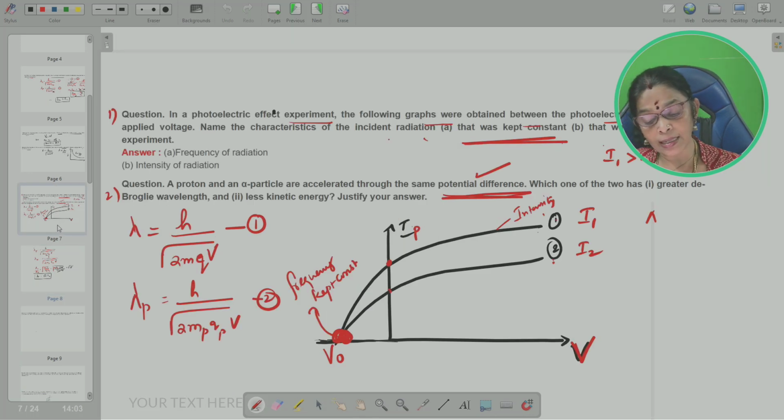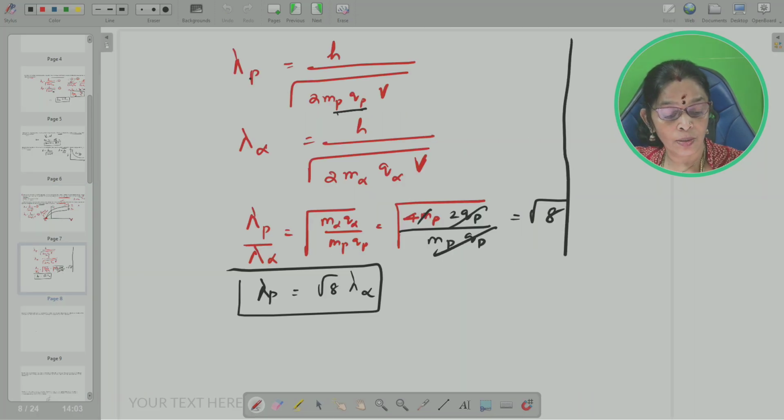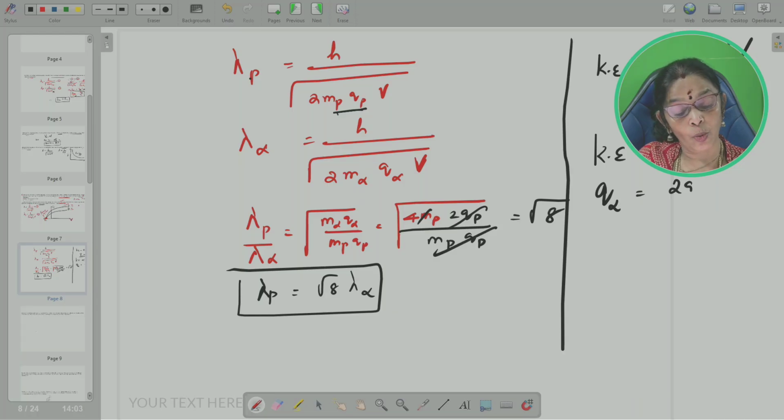Now, one more question lies: which has less kinetic energy. We know that kinetic energy is equal to e into V, that can be written as Q into V. V is the same, as it is given in the question. So, kinetic energy is directly proportional to Q. Therefore, Q of alpha particle is 2 times the Q of proton. Therefore, kinetic energy of alpha particle is greater than kinetic energy of proton.